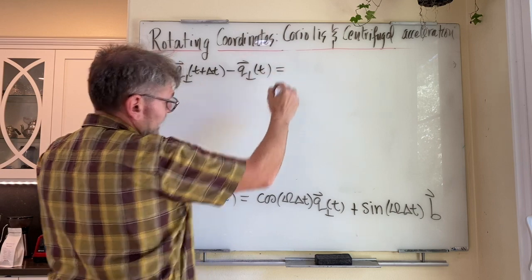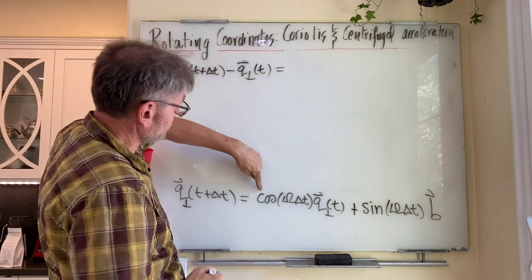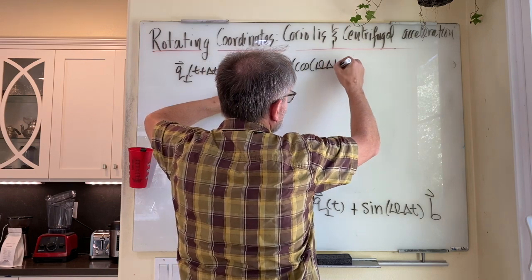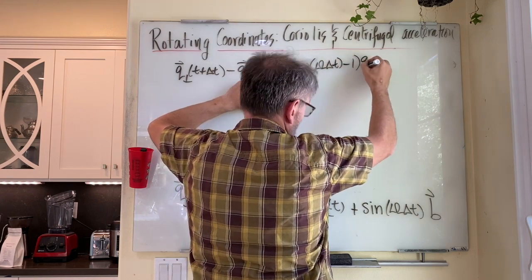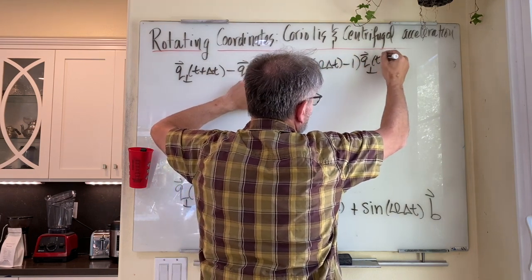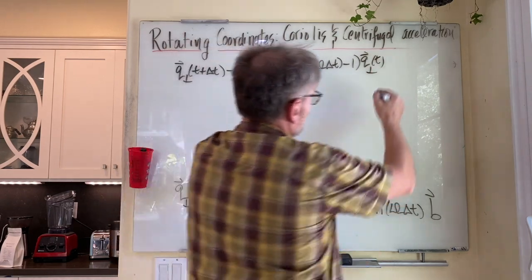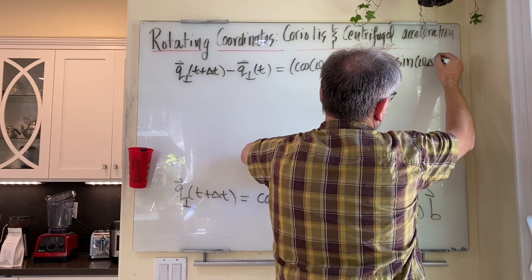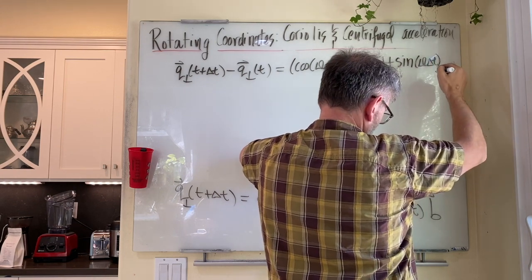And on this side, if I subtract q perp, I'll get cos minus 1. So I'll get cosine of omega delta t minus 1 times q perp at time t, plus sine of omega delta t times b.